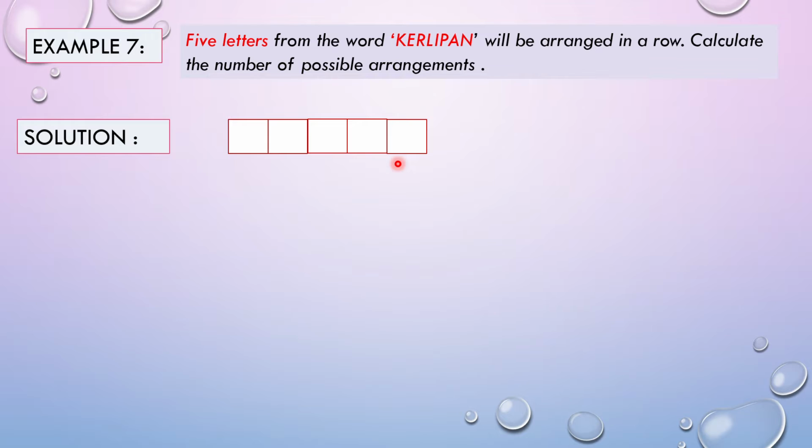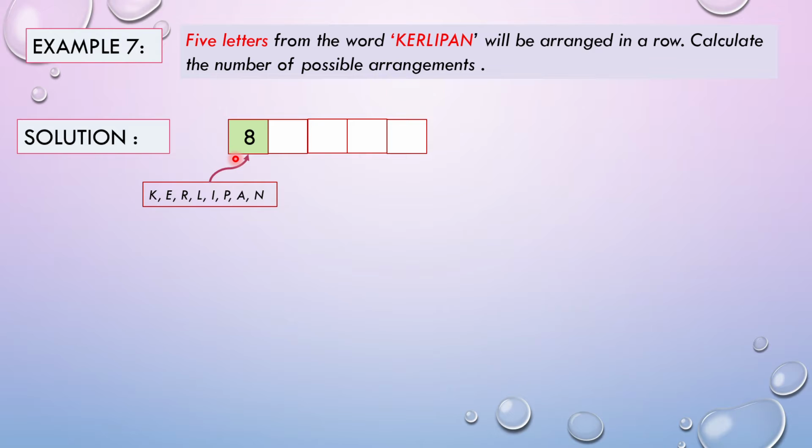So using the box method, to fill the first box, we have altogether 8 letters to put in it. We have 8 options, so the first box is filled with the digit 8.